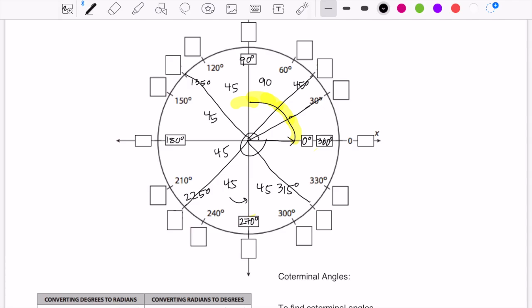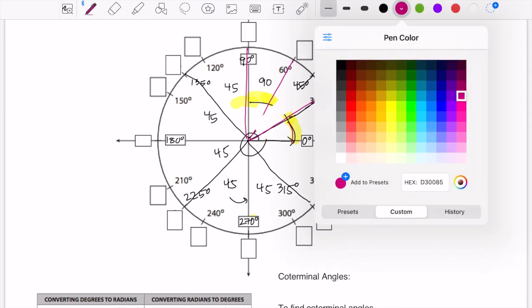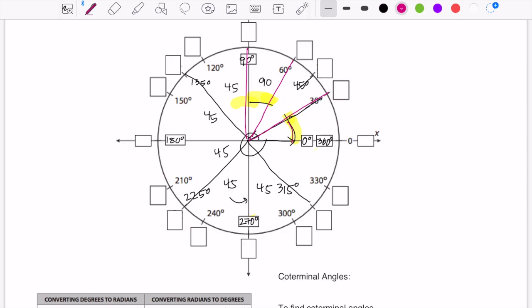We can do that same math for a 30-degree angle. So from here to here, because this right here is 90, if I cut it into 3 equal pieces, and what I'm doing is I'm kind of ignoring this 45 right here because it's kind of in the way. So if this is 30 and this is another 30, then we get to 60, and then another 30 we get to 90, then another 30 gives me 120, and that's this guy right here.